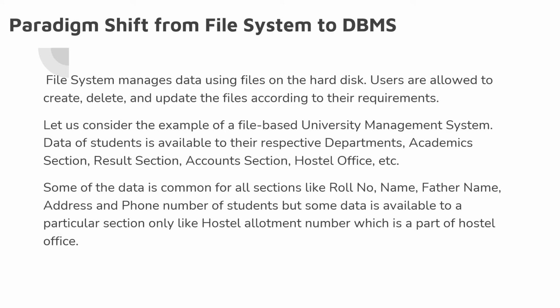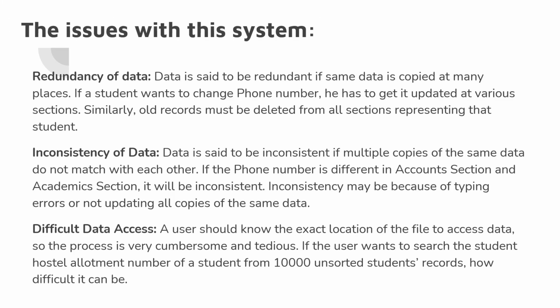Data of students is available to their respective departments, academics section, results section, accounts section, hostel office, etc. Some of the data is common for all sections like roll number, name, father name, address and phone number of students, but some data is available to a particular section only, like hostel allotment number, which is a part of hostel office. Let us discuss the issues with this system.